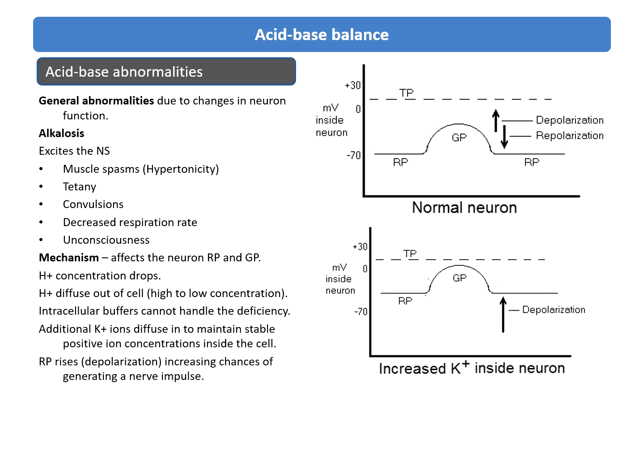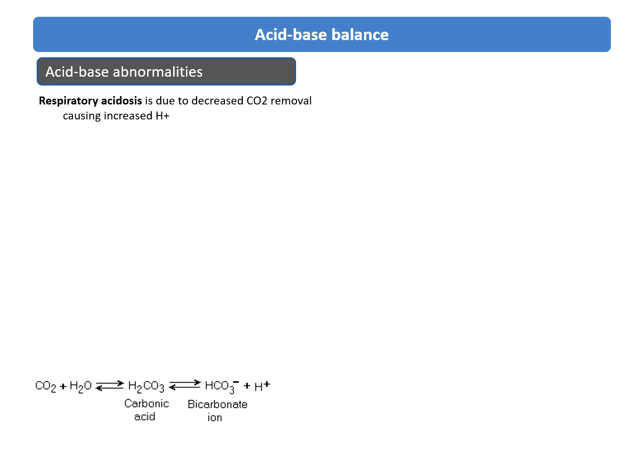Now you can see the resting potential has risen, a depolarization, because as you add positive ions to the inside of the neuron, it becomes less and less negative. Potassium concentration in extracellular fluid decreases. It's called hypokalemia.